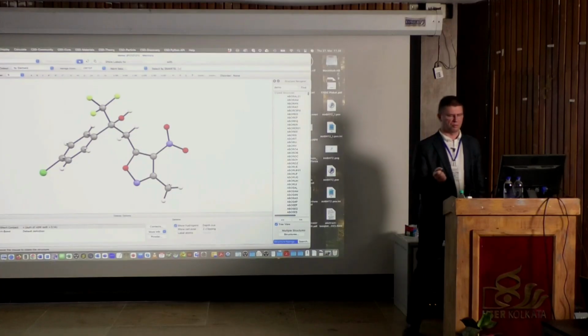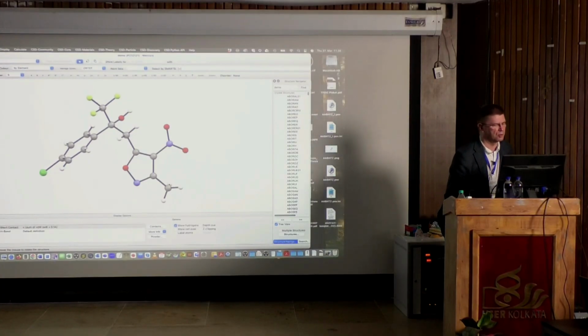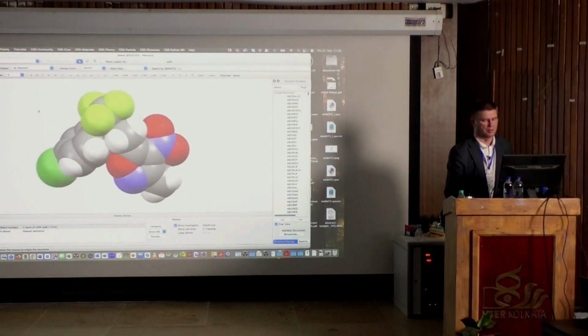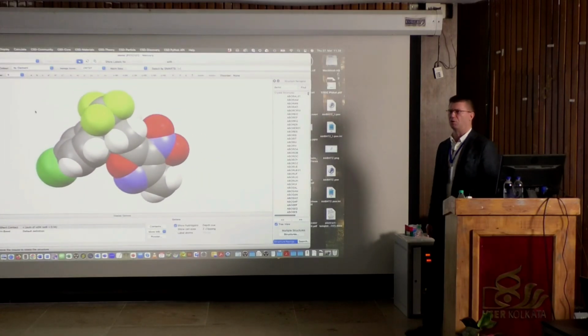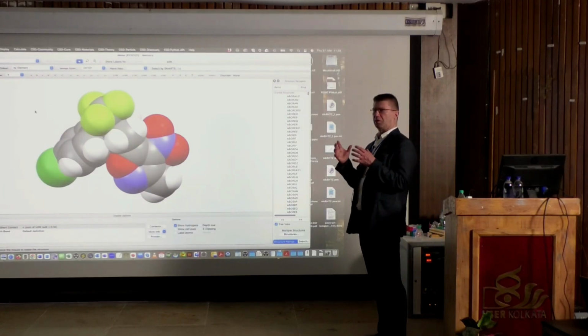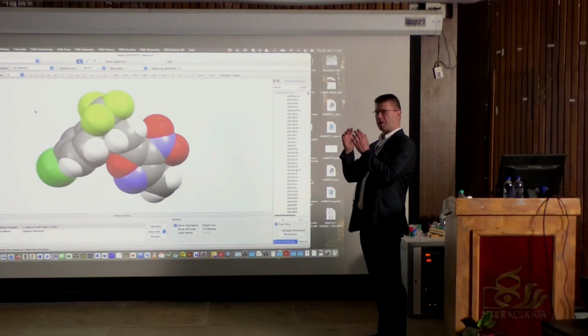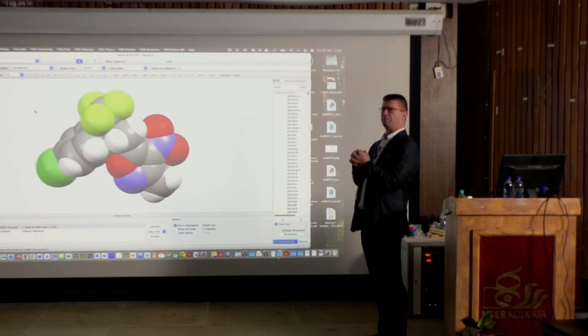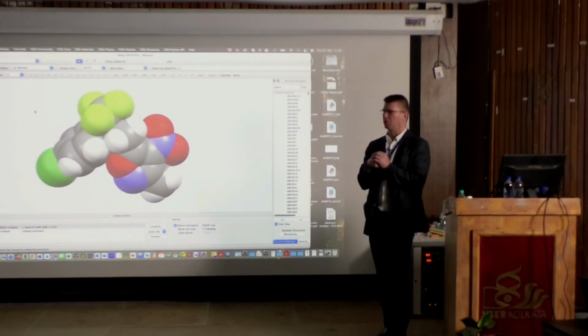But what I always want to show is here is so-called space fill. And this is actually how the molecule really looks like. So it's really the idea that the real shape of your molecule, or if there's a hole or not a hole, can only be seen when you're using the space filling mode, the CPK.